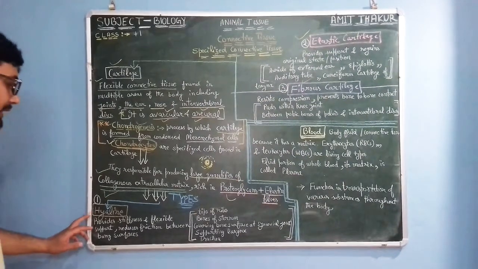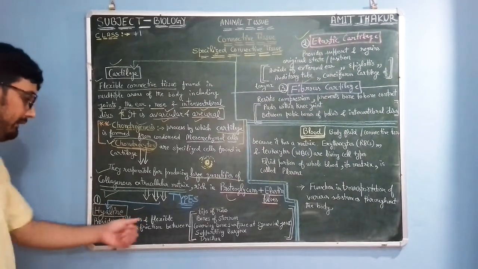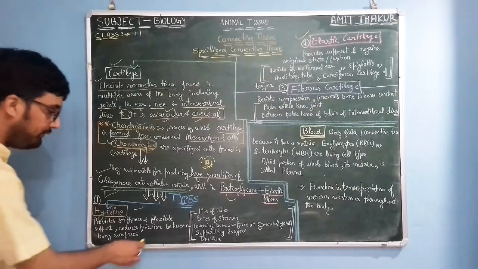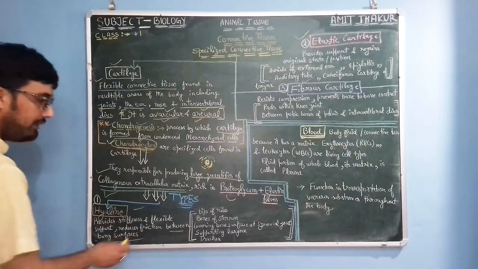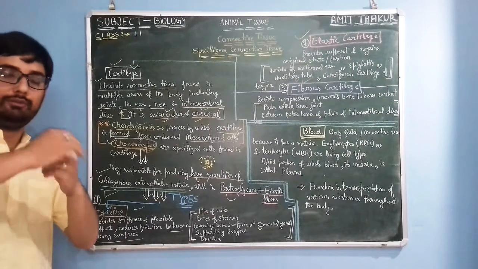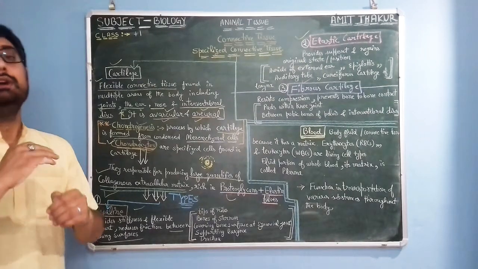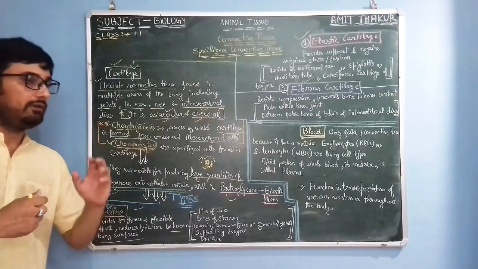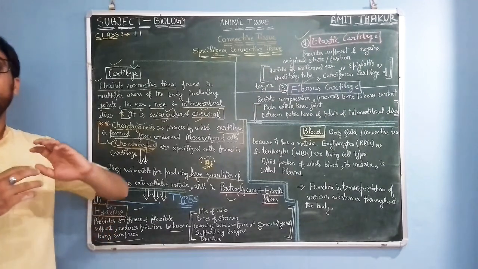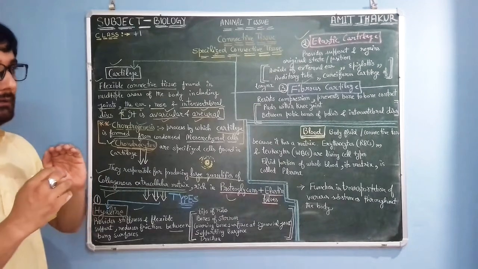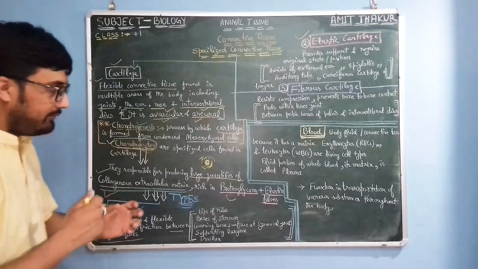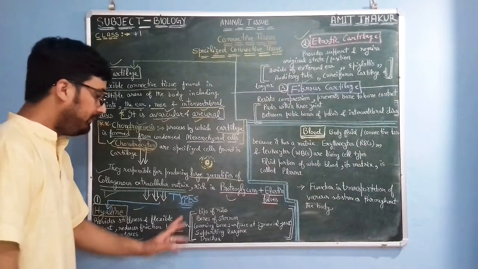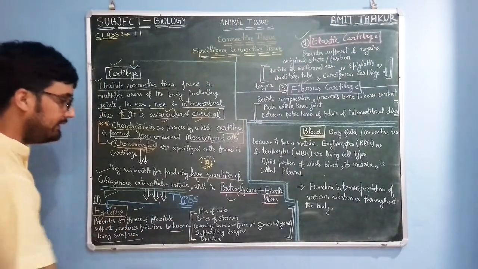Types of cartilage: hyaline cartilage, elastic cartilage, and fibrous cartilage. Hyaline cartilage provides stiffness and flexibility and support, and it reduces the friction between bony surfaces, allowing frictionless articulation. Where is hyaline cartilage present?